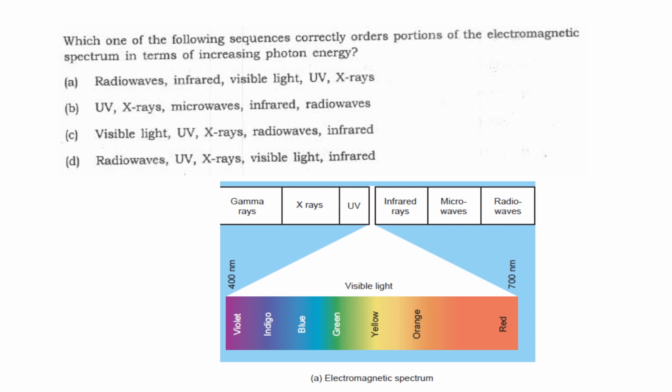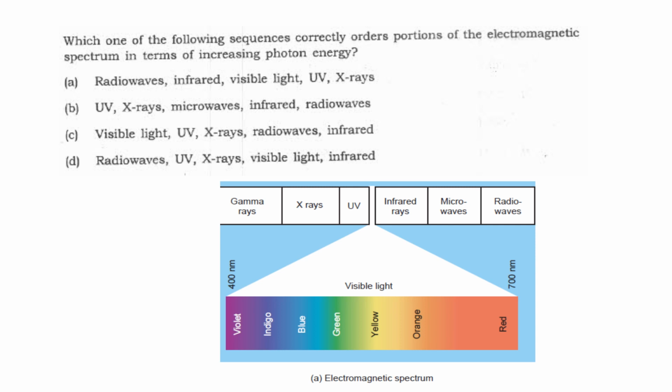We all know that the wavelength and the energy are inversely proportional to each other. So from gamma rays to the radio waves, the wavelength is increasing. The gamma rays have the shorter wavelength and the radio waves have the longest wavelength, but their photon energy will be reversed. The gamma rays will have the maximum photon energy, and the radio waves will have the least photon energy.